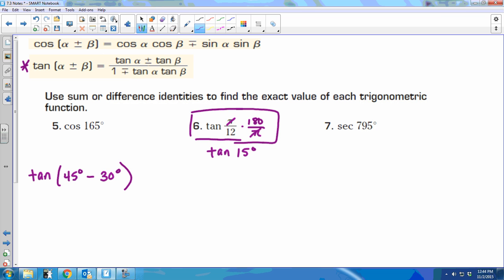All right, then we need to fill in this identity. So you're going to need lots of space, by the way. Tangent of 45. We're subtracting, so we're going to use the symbols in the bottom. So minus tangent of 30.